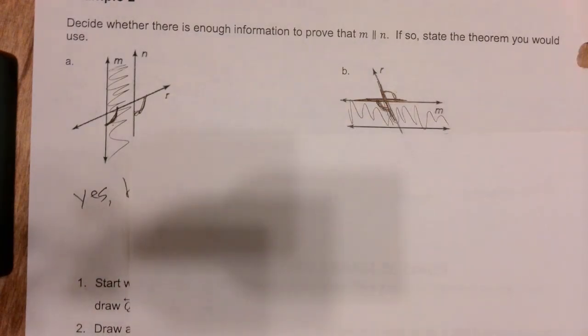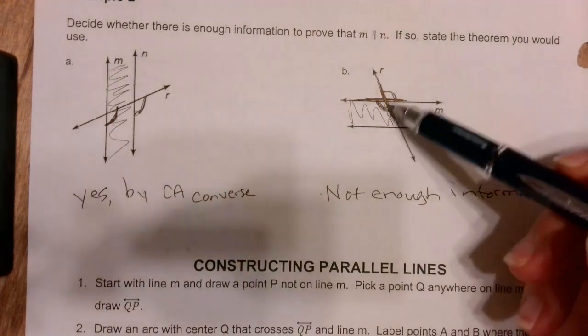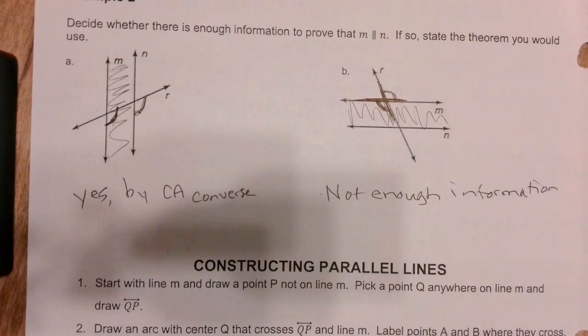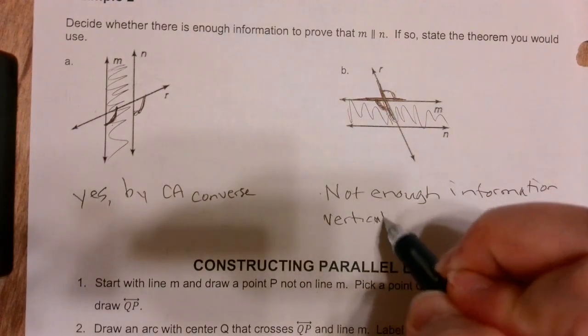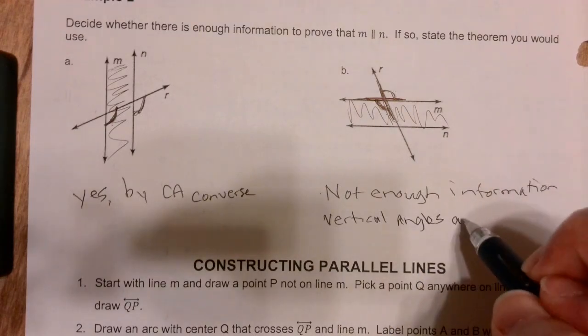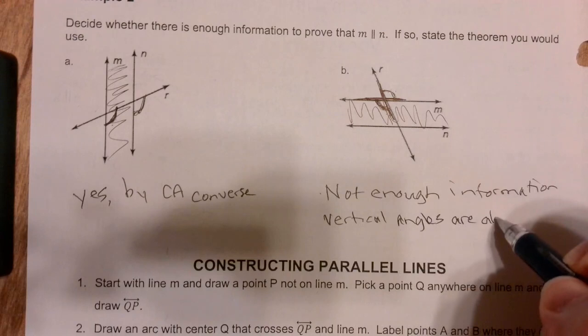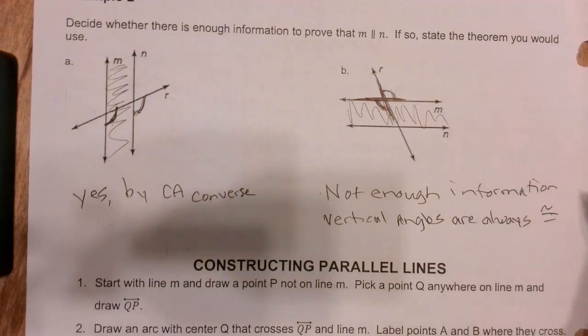We don't even need the line to know that those two angles are congruent. Vertical angles are always congruent. They don't care if your lines are parallel or not parallel.